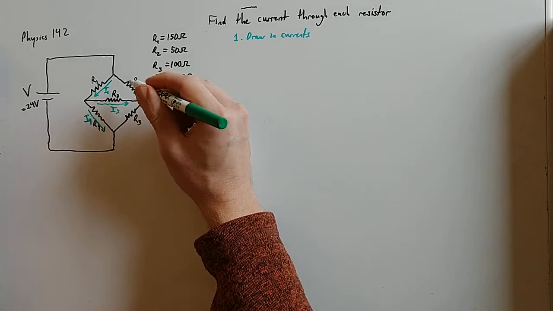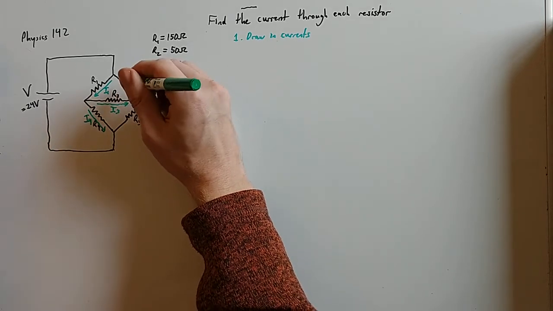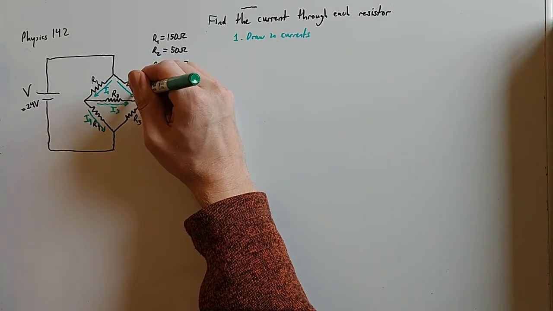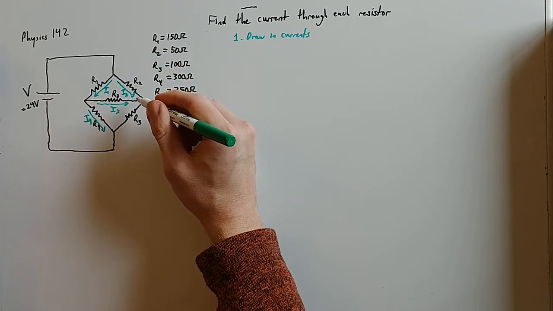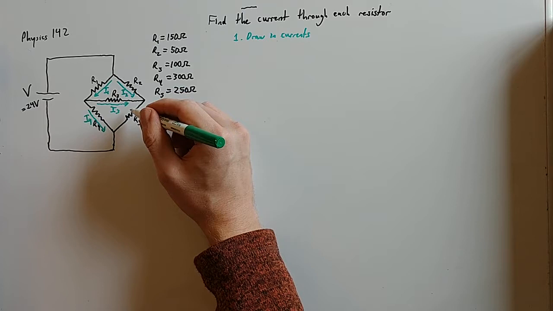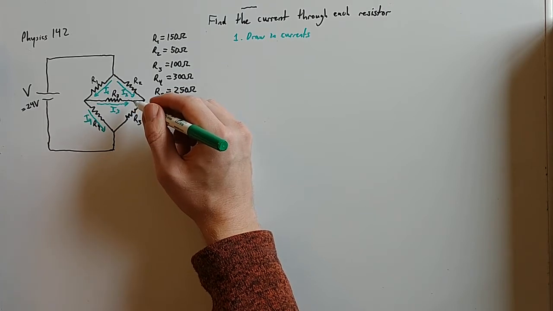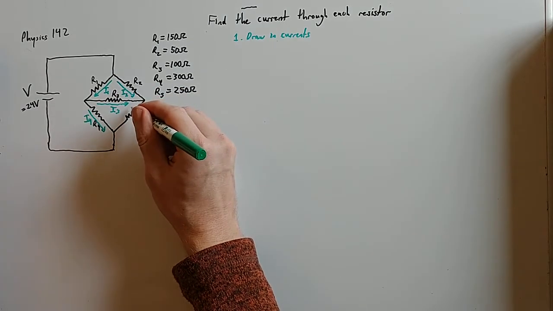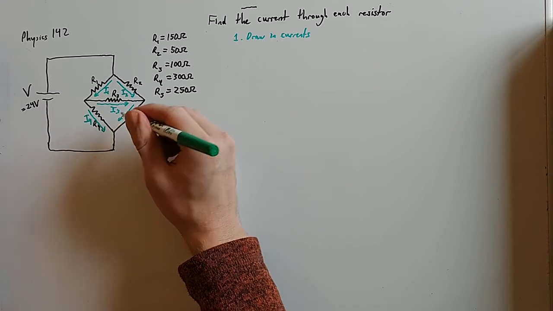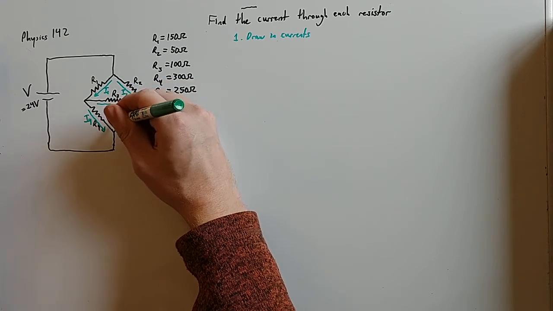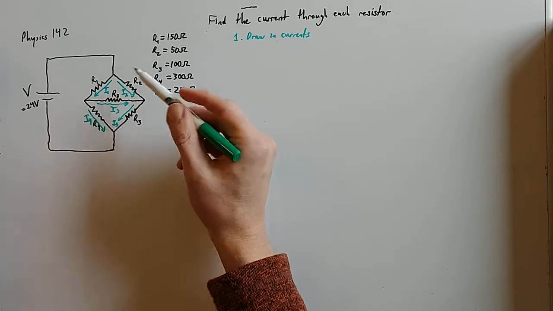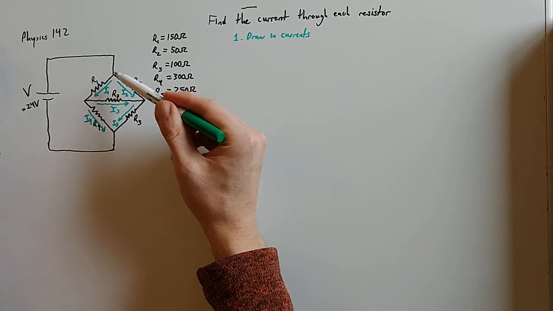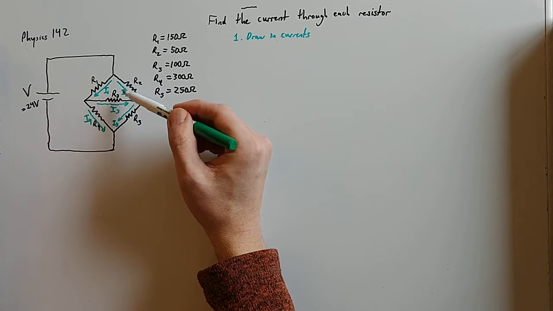And then over here, the current going through R2, that's going to be I2. And the current that goes through R5, well, we should draw that in too. That's right here. You'll have a different current yet going through R5. We'll call that I5.